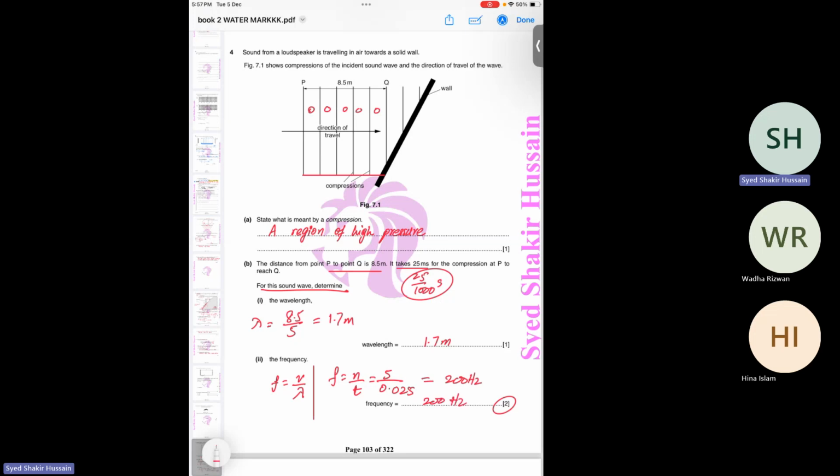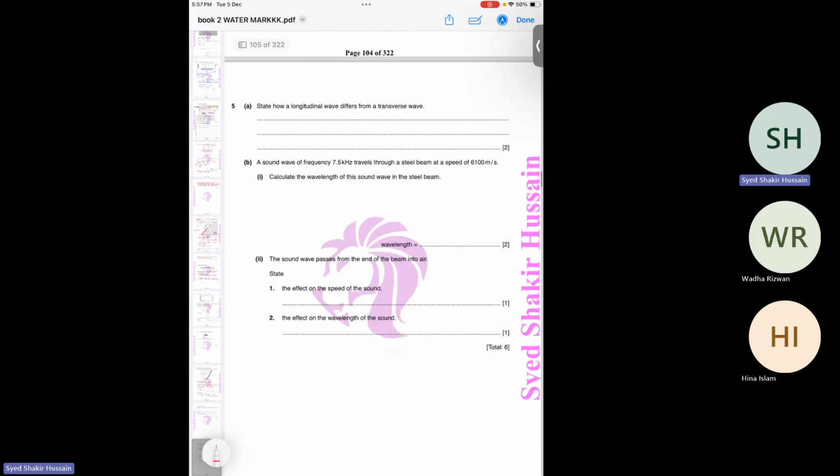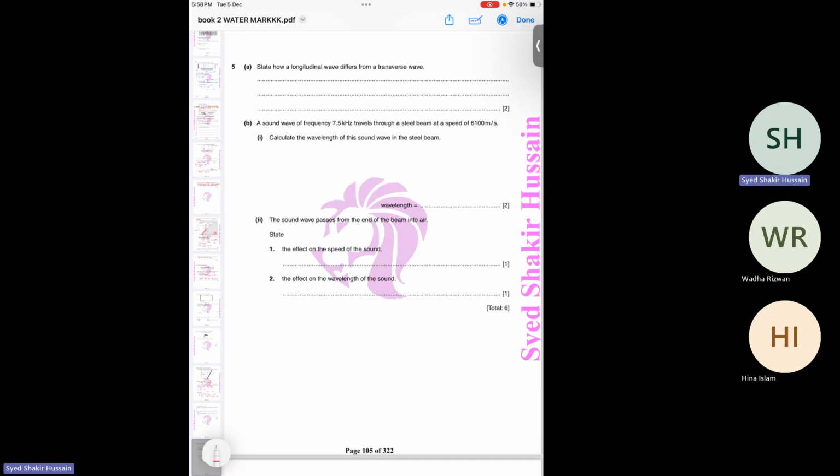All right. As it strikes the wall, sound reflects. Again, sound question. We are not doing sound right now. State how longitudinal wave differs from a transverse wave. Transverse waves go up and down, while longitudinal waves move from one point to another.